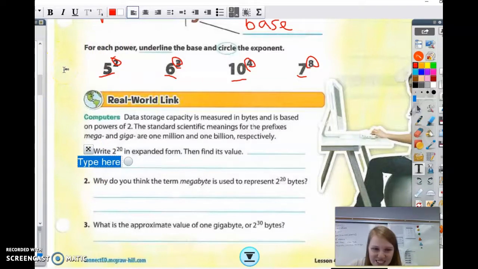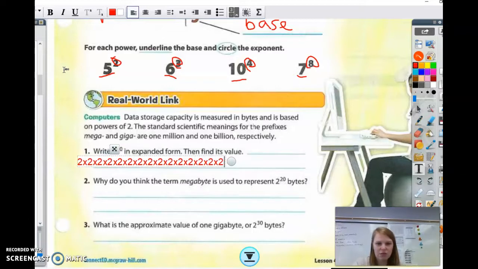So 2 to the 20th power. Okay, 2 times 2 times 2. We need this 20 times. 1, 2, 3, 4, 5, 6, 7, 8, 9, 10, 11, 12, 13, 14, 15, 16, 17, 18, 19, 20, right? And it says, then find its value.